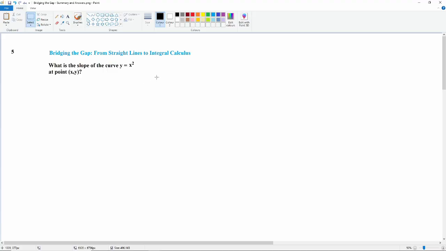Okay, the question at the end of lesson 5 read, what is the slope of the curve y equals x squared at point x comma y? So here we are looking for the first derivative.